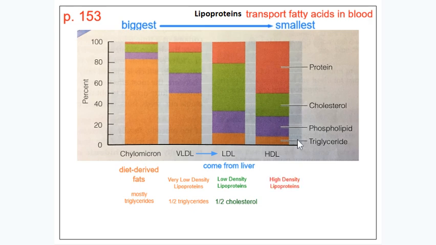Your liver also makes this last one called HDLs, or high density lipoproteins. They are the most dense because they contain the most relative amount of protein to their size. So these are about half protein, not a lot of fats in them. Your liver sends these out. They're kind of like the cleanup crew.